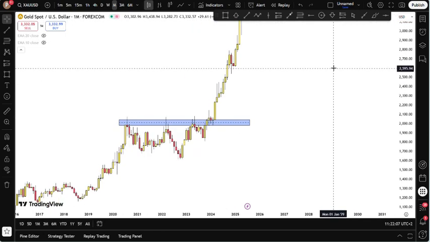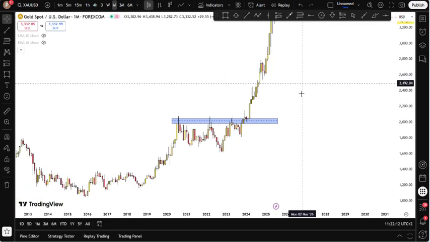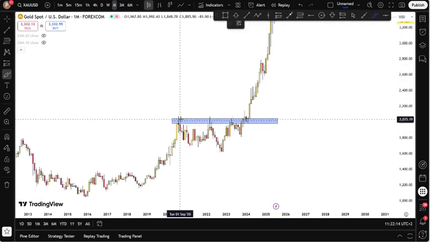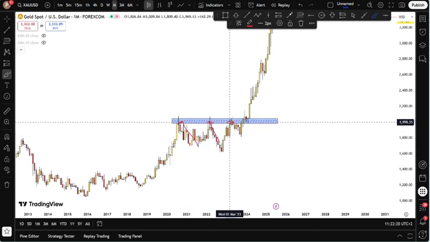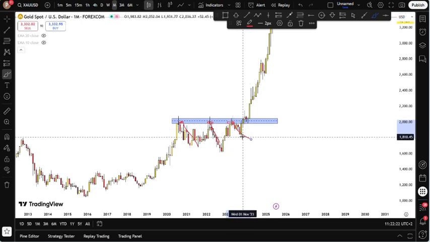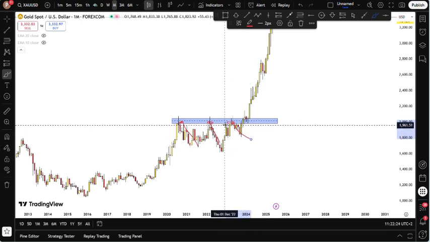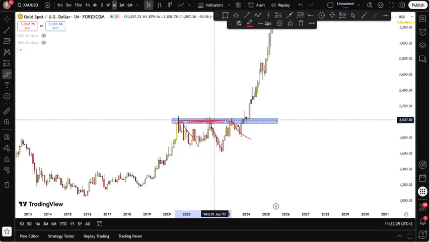So as we know, once resistance is broken to the upside, it is now support, as shown right here. This zone was resistance for quite a long time. We're on the monthly time frame and we are at a very, very strong resistance level for gold.